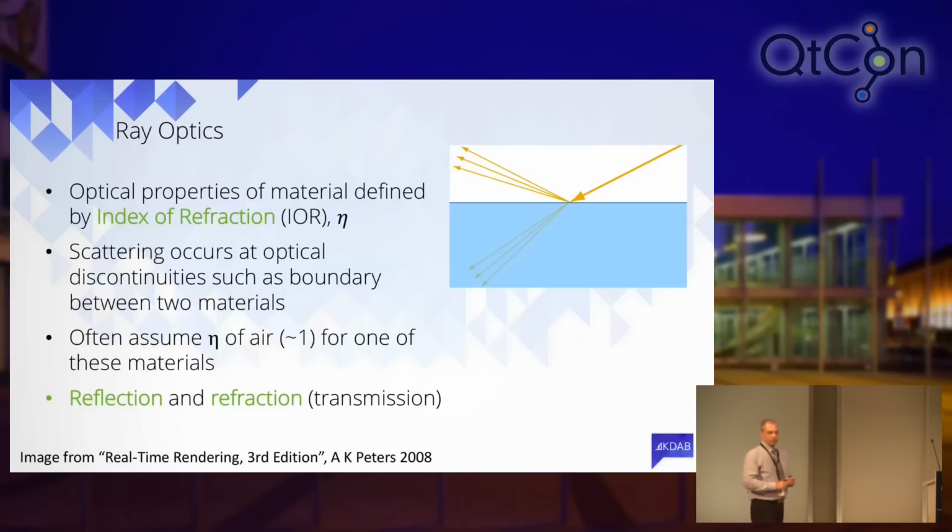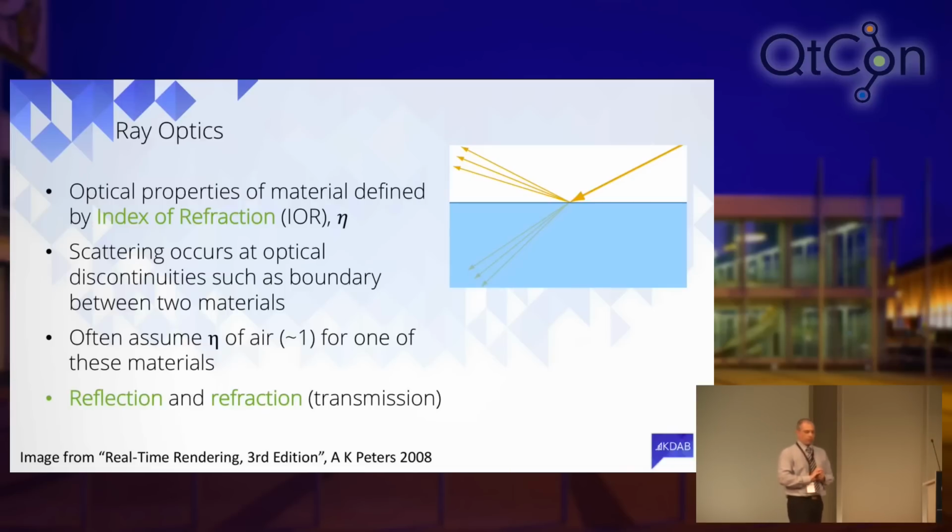Some of that light will bounce off, it will be reflected. And some of that light will actually penetrate into the surface to undergo further scatterings or be absorbed, depending on what the material is. So that's reflection and refraction. And how much is reflected and how much is refracted depends upon the ratio of the indices of refraction.